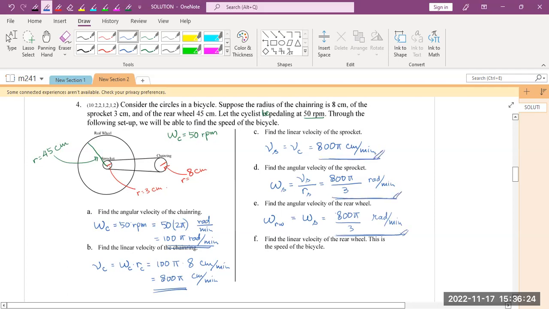Now, with that angular velocity for the rear wheel, what is the linear velocity of the rear wheel? That is the angular velocity times the radius of the rear wheel. That's 800 pi over 3 times 45 centimeters. This will give us centimeters per minute. 45 divided by 3 is 15, and 15 times 8 is 120.